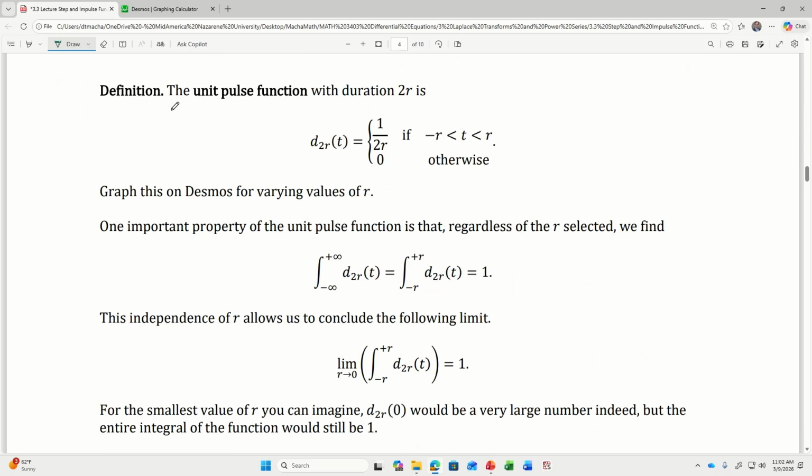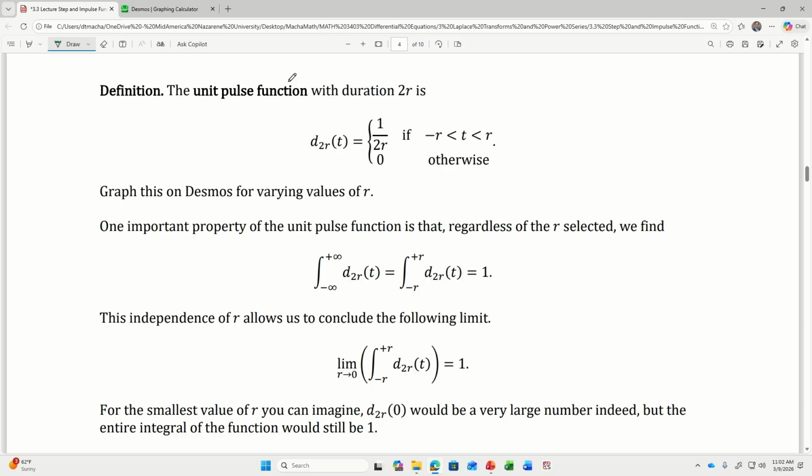The unit pulse function with a duration of 2r is defined like this. We're going to use a lowercase d to represent the unit pulse function, and the 2r is a little subscript that tells you how long the duration is. And it's like this.